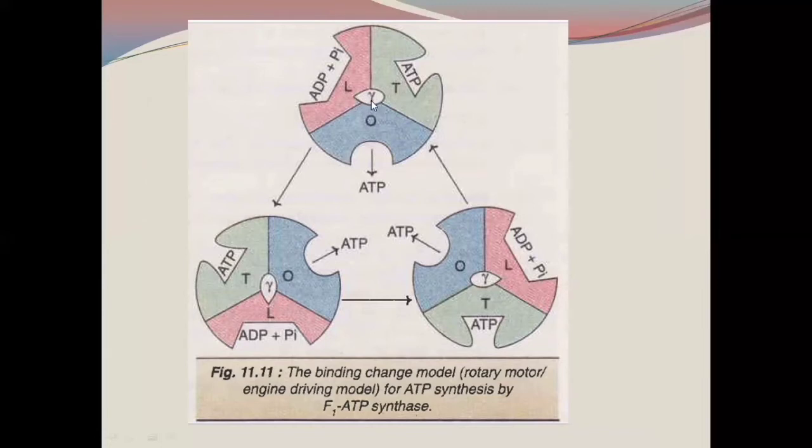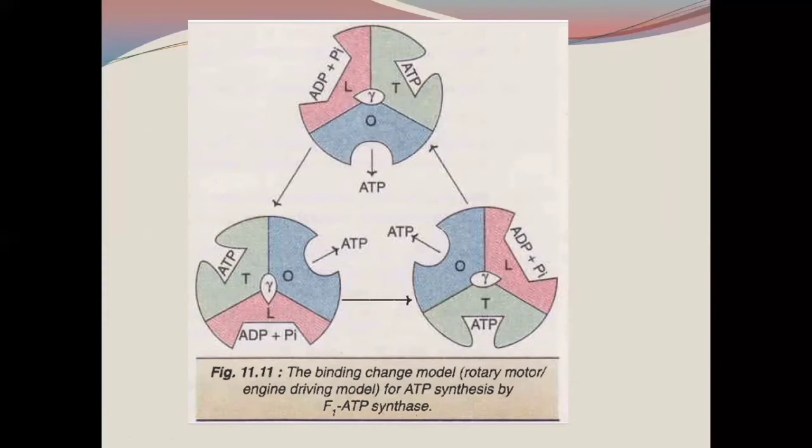The alpha subunit is not shown here because it is not involved in the synthesis of the ATP, but it is present along with this beta subunit. That's why the beta subunit is shown here. So it will occur in the three forms: loose, tight, and open form.